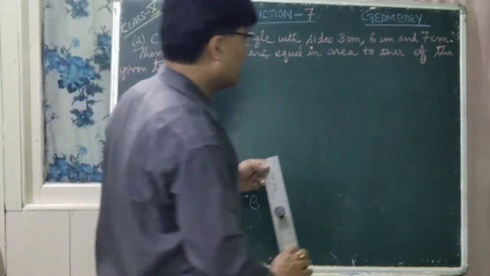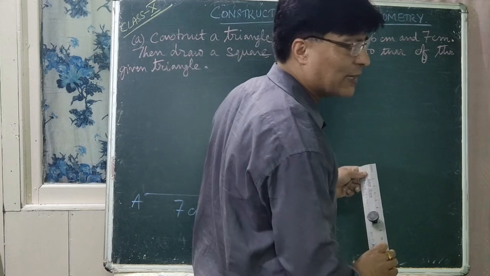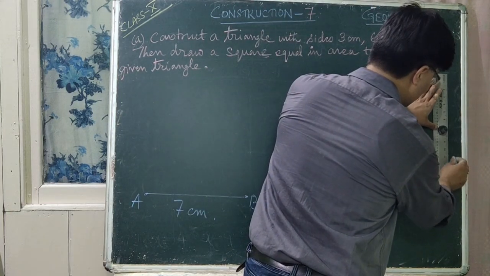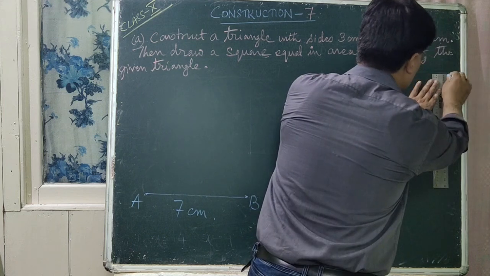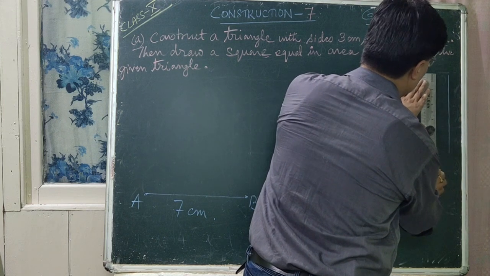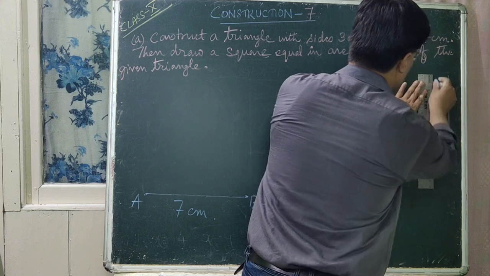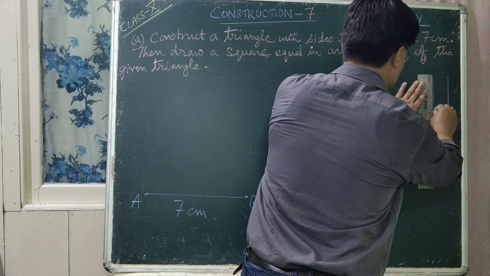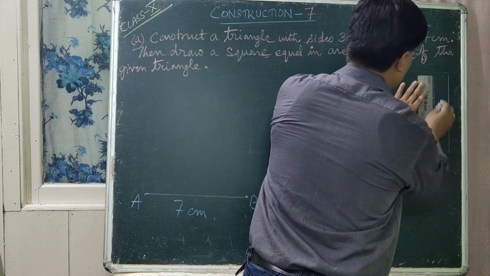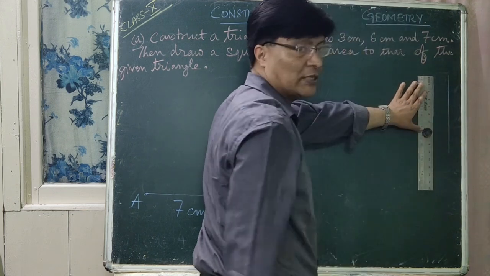Now let us measure the lengths of 6 cm and 3 cm. Suppose this is 6 cm and this is 3 cm.